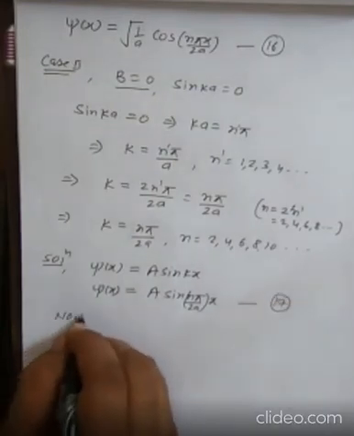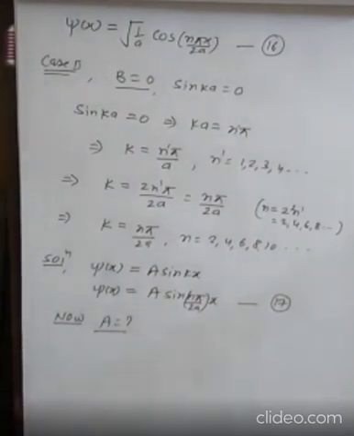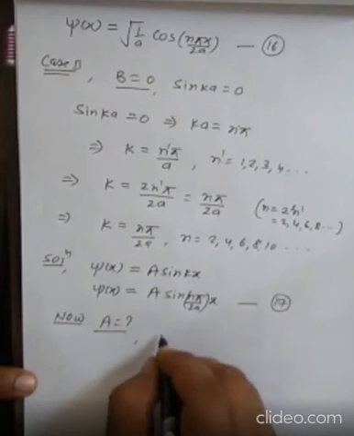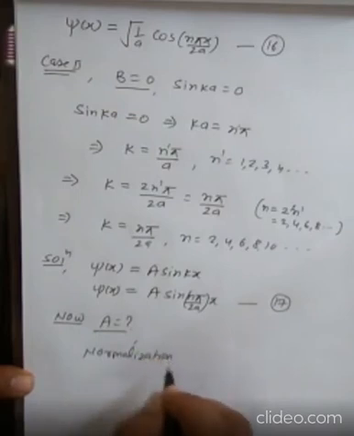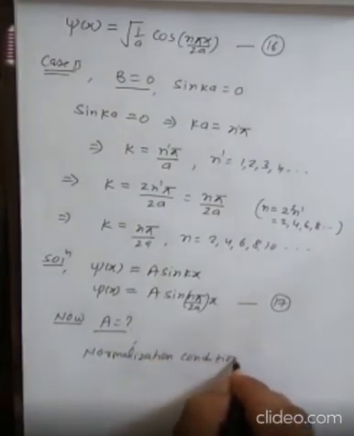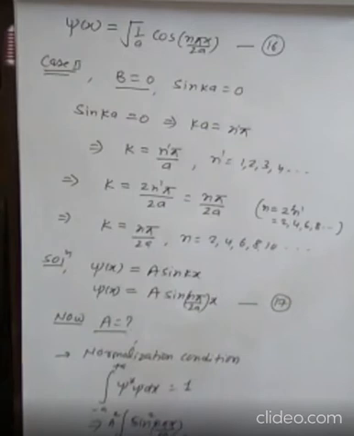Now we have to calculate the value of the constant a, and we'll again use the normalization condition. Integral from minus a to a of psi star psi dx equals 1, and then I put the value of this one, so I will get a square sin square n pi x divided by 2a and dx.